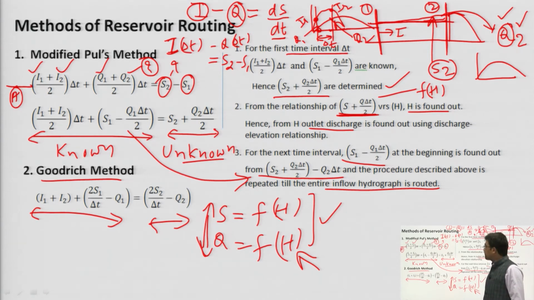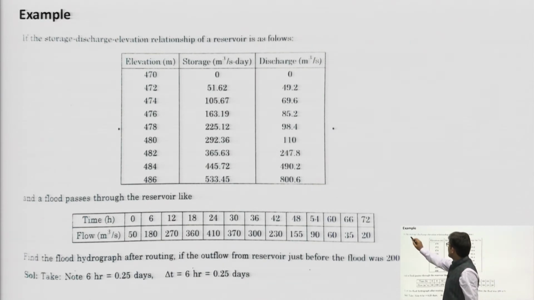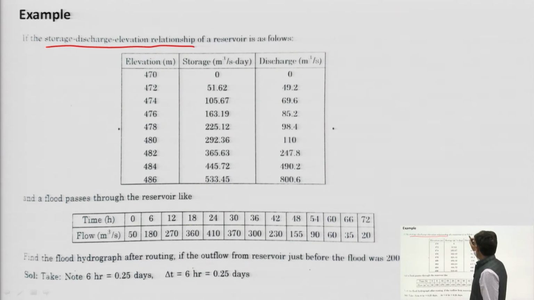And with the help of an example, I will explain the procedure of storage routing. This is the question: the storage discharge elevation relationship for a reservoir is as follows.